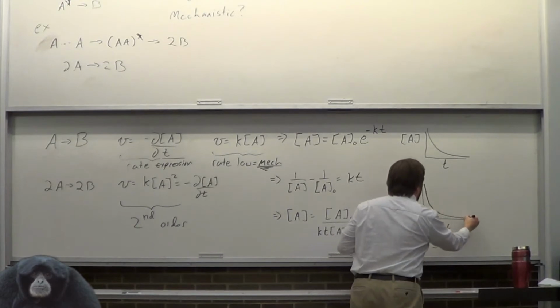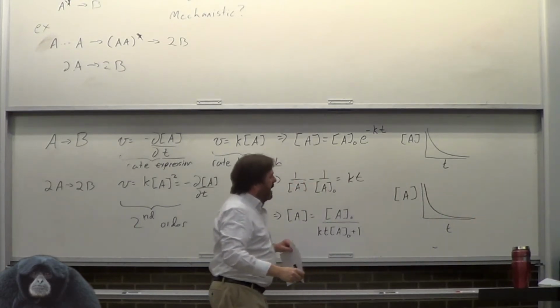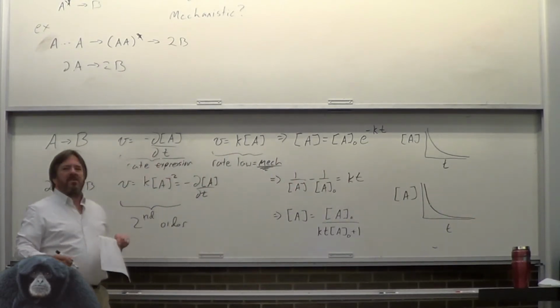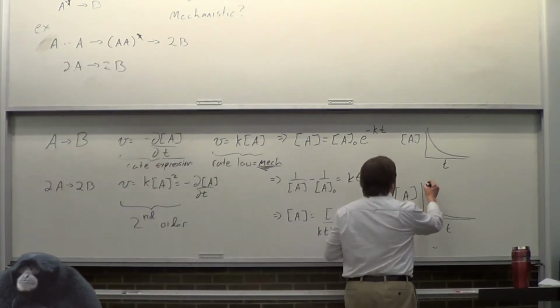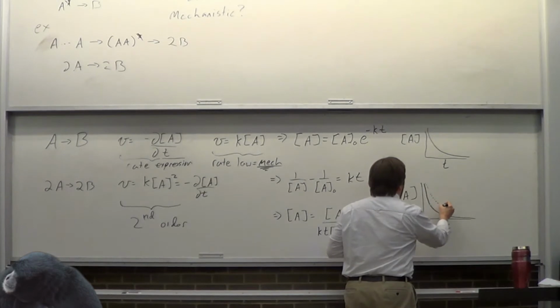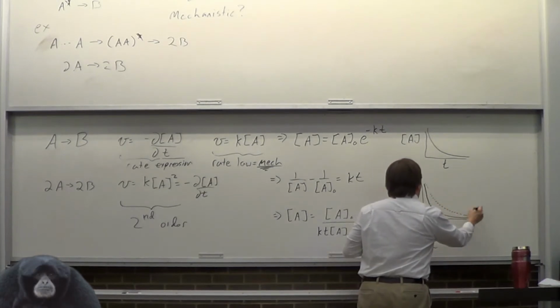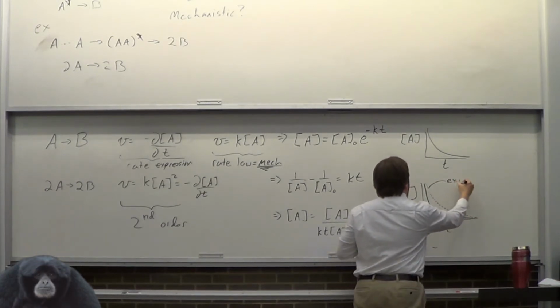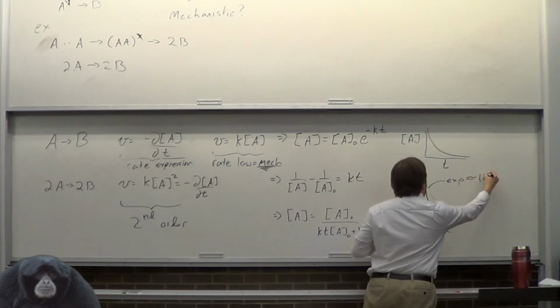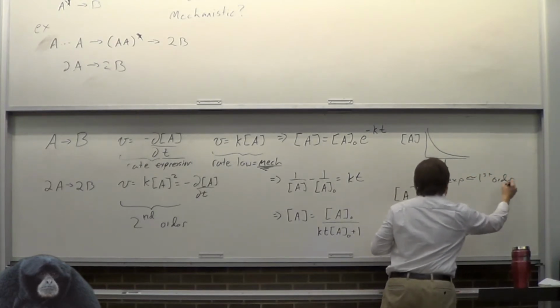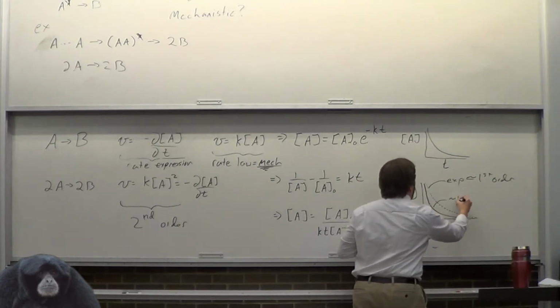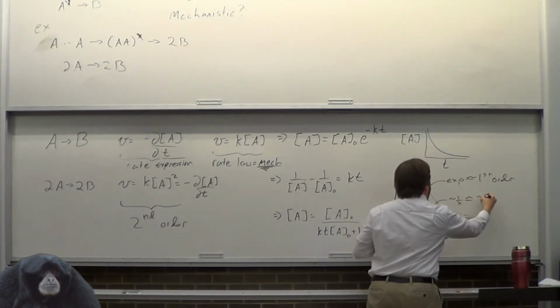If you showed me that and said that's exponential, I'd say no, that's not quite right. That looks more like 1 over x. Exponential is not so bowed. So I'll call that exponential, that's first order. And this is more like 1 over x, which is second order.